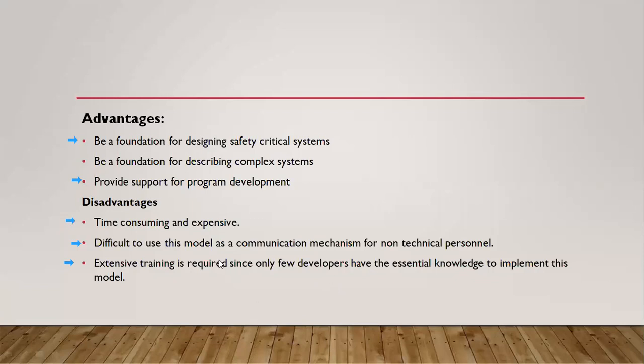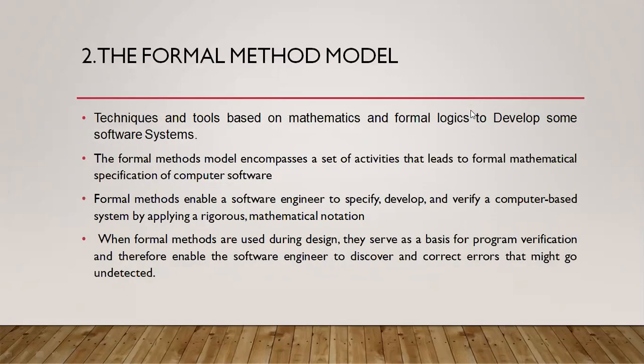So what have we learned in this concept? First of all, we learned what a formal method is. It is just mathematical or logical functions which are used to develop our software projects.